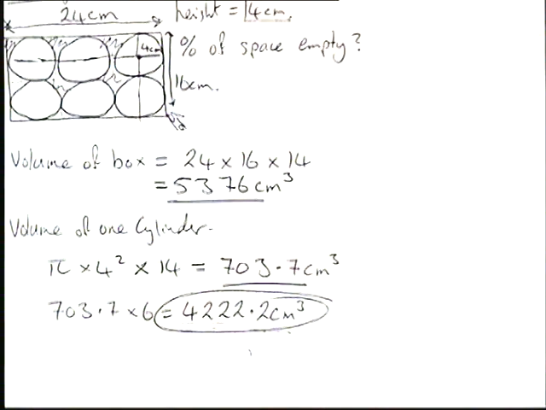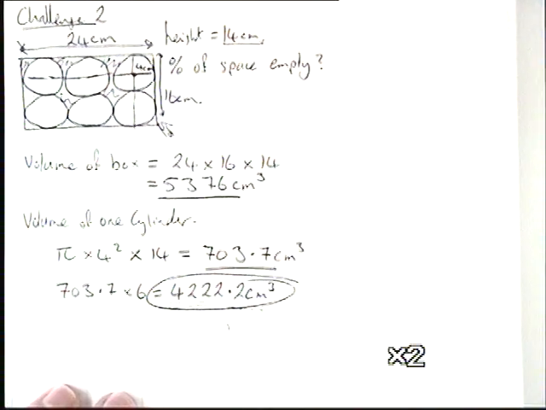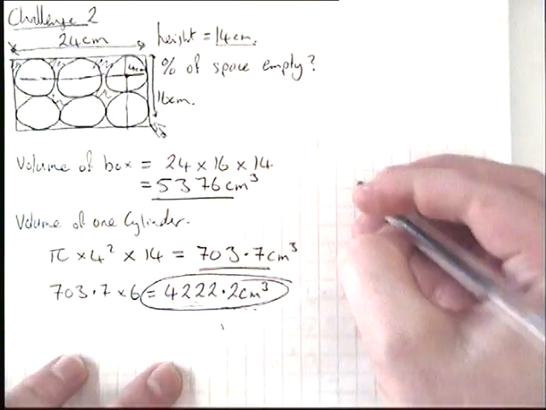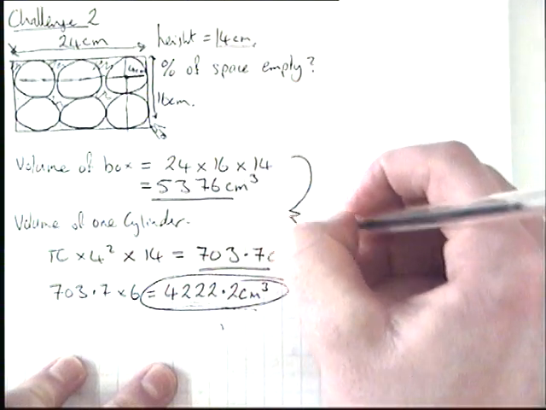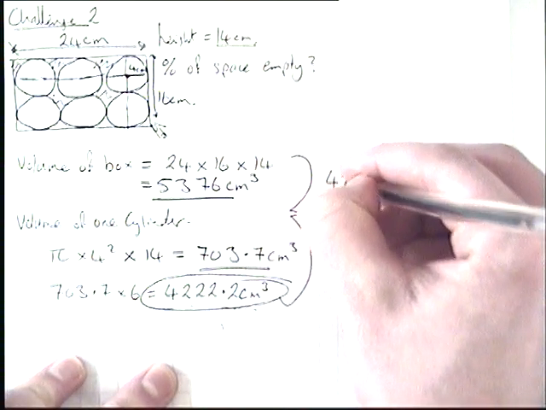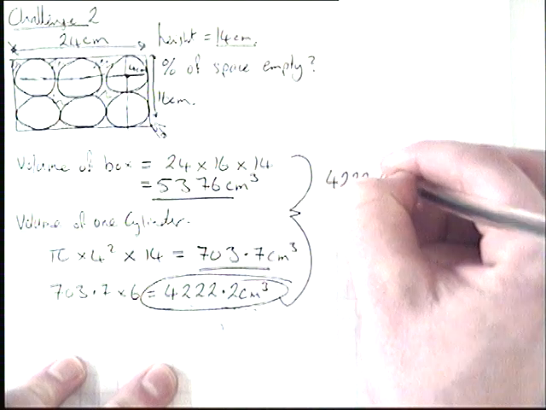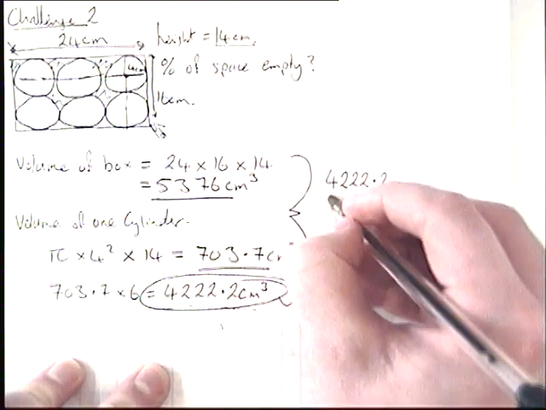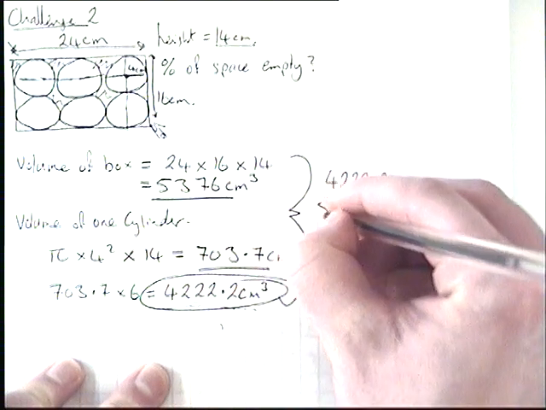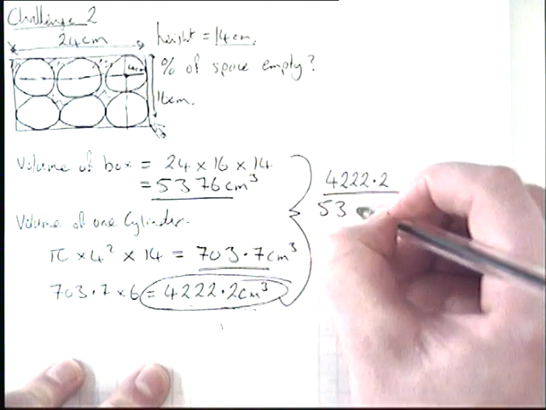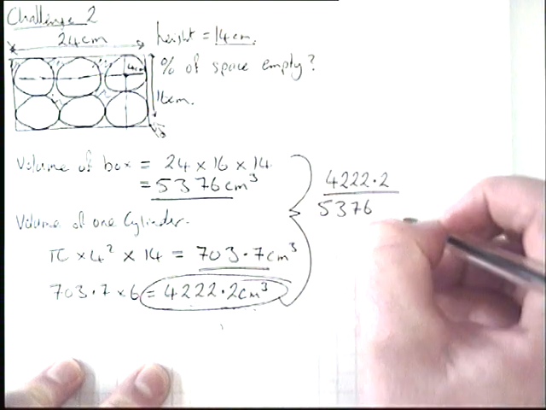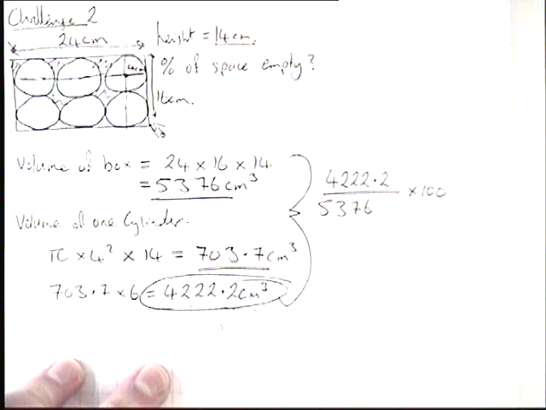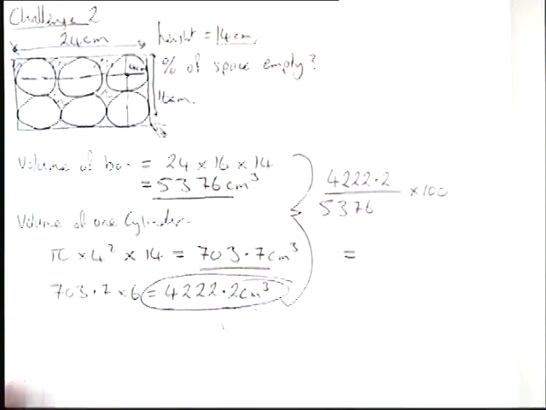Now we need to express the volume of the cylinders as a percentage of the total volume of the box. So we're going to do that by doing 4,222.2, so the volume of our 6 cylinders, divided by the volume of our box, so 5,376, and we're going to multiply that by 100 to turn it into a percentage.